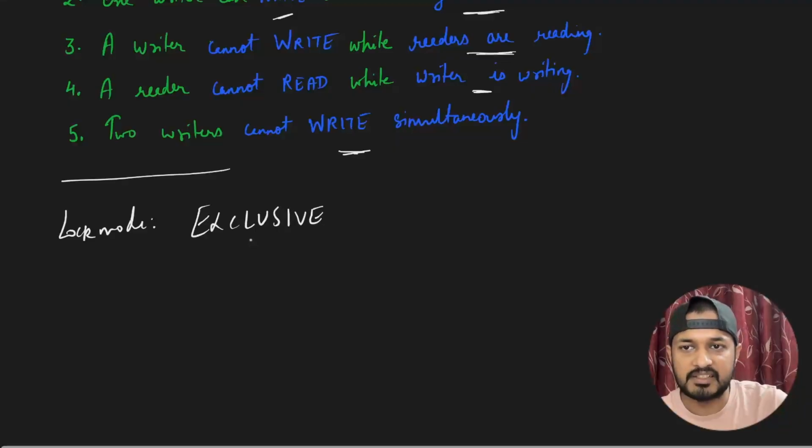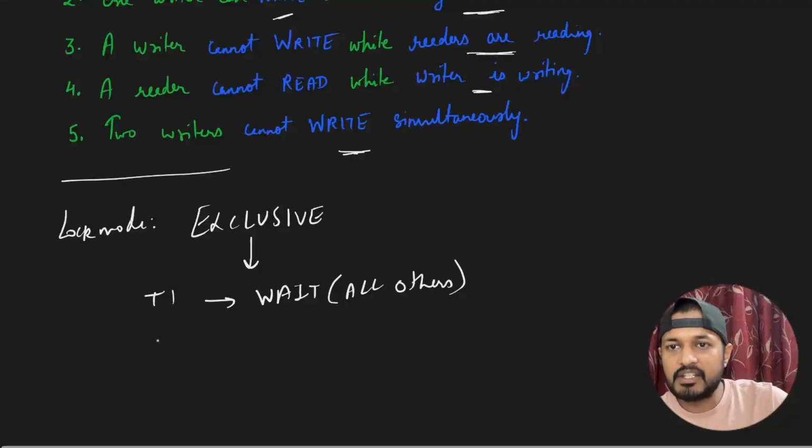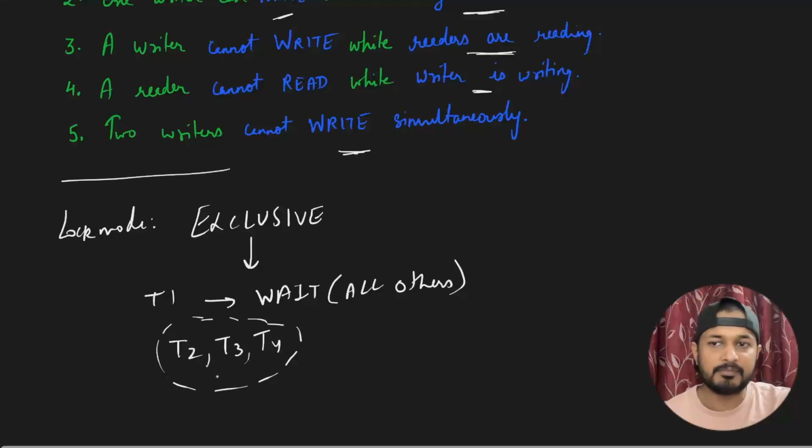What does this mean? This means thread 1 holds the lock and every other thread waits, right? So even if thread 2, thread 3, thread 4 only want to read, still they will have to wait, right? So this is the limitation with synchronized.